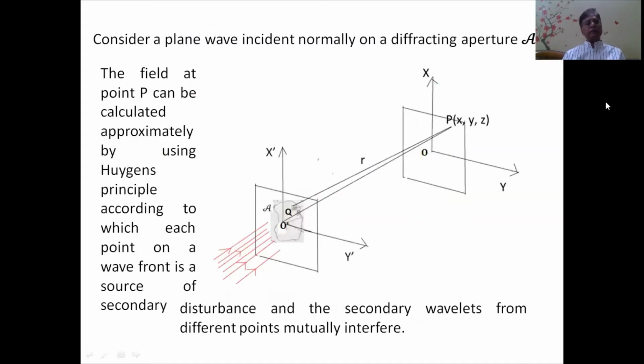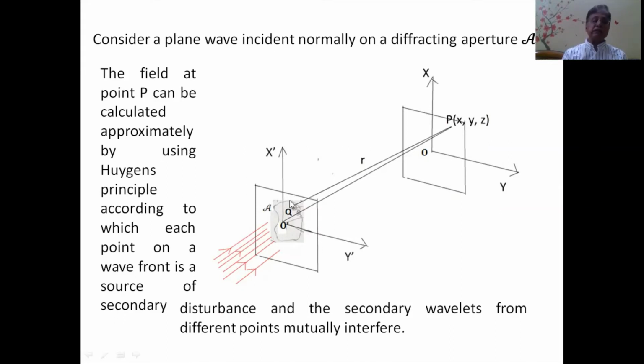Now, for this, we will first consider the effect of diffraction on a beam between the two mirrors. The figure is showing two planes. This is the x dash y dash plane, and this is the xy plane. So we consider a plane wave that is incident normally on a diffracting aperture.